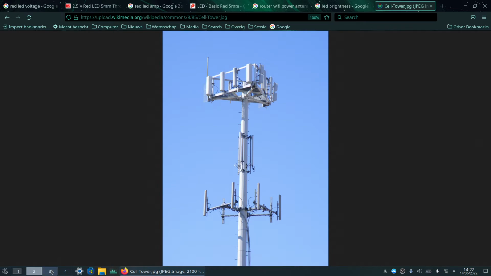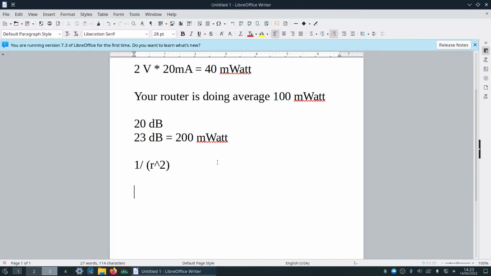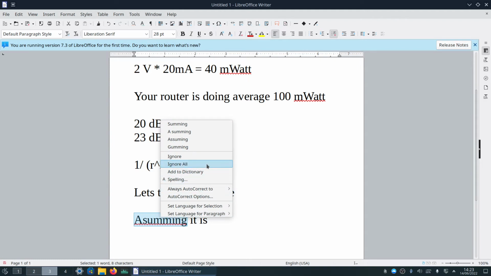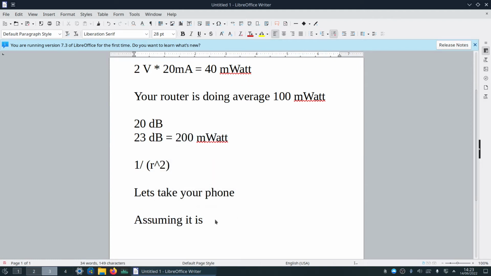But now let's take your phone. Assuming it is 1000 milliwatts.